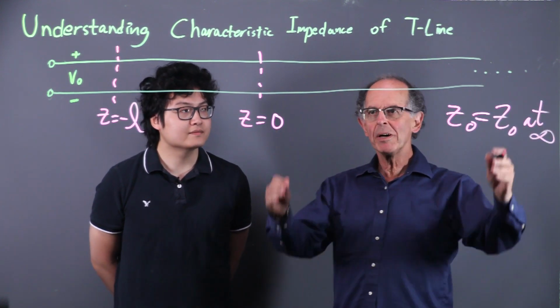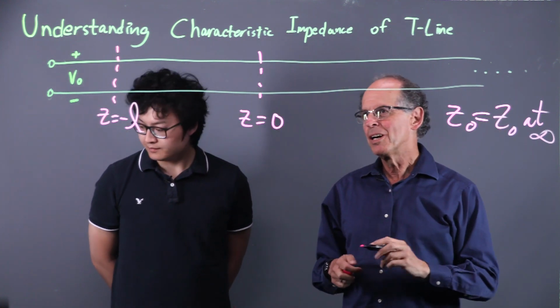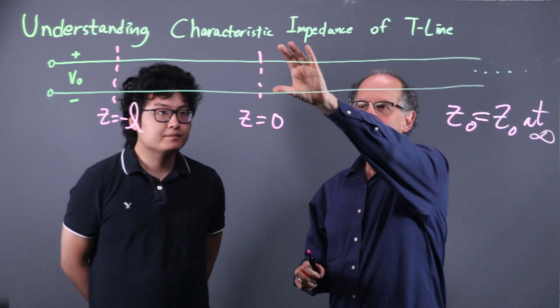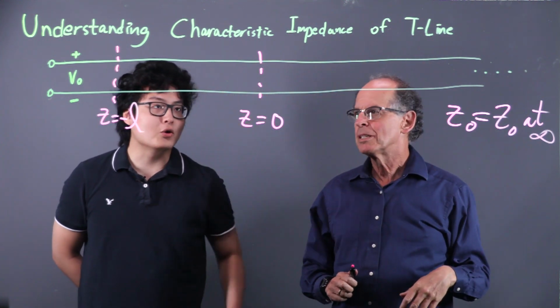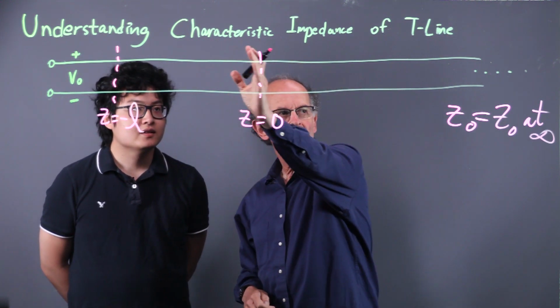So I don't want to keep writing down infinite lines with dot, dot, dot. So how can I model this part of the line from here to infinity? We can just put in a load there and say the load is Z naught. Yeah, because the load looking in is always Z naught.